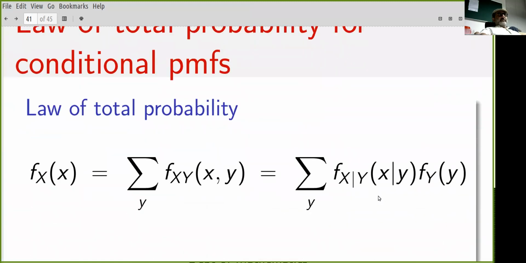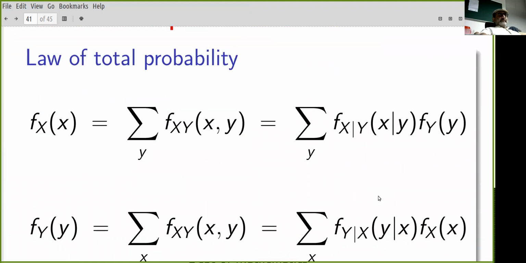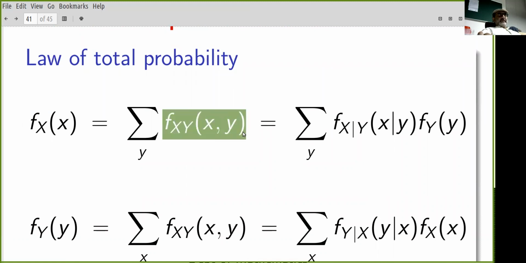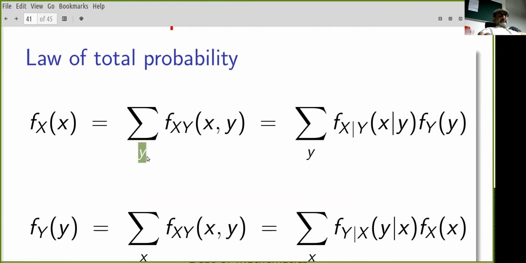Okay. Law of total probability. You remember that if you have the joint PMF for x and y, and you sum out all the y's, then you are left with the marginal for x. Now, if you take the joint for x and y, and you use the product rule, that's the same as the conditional for x given y times the marginal for y.